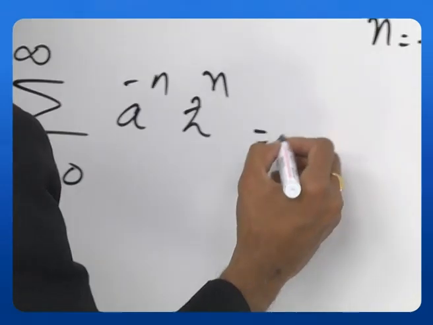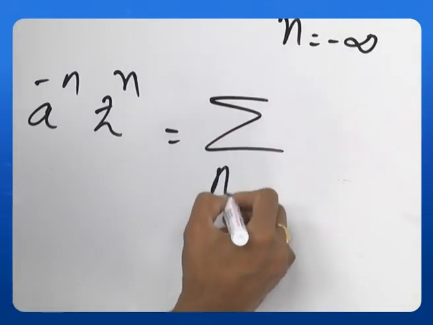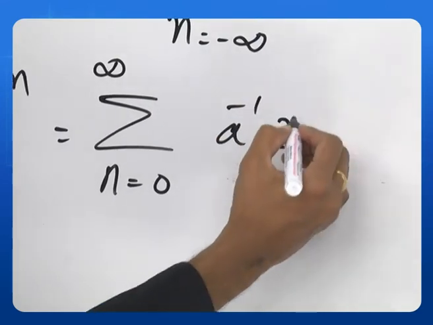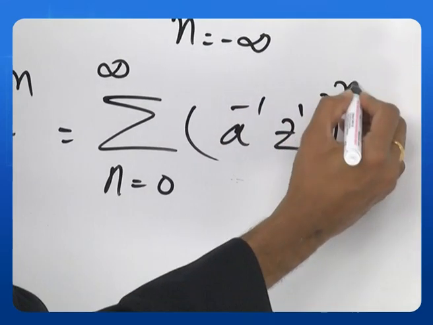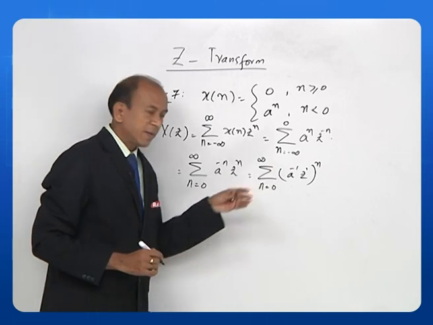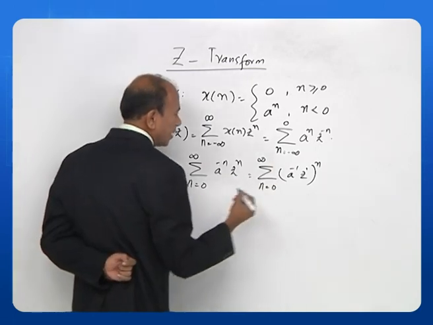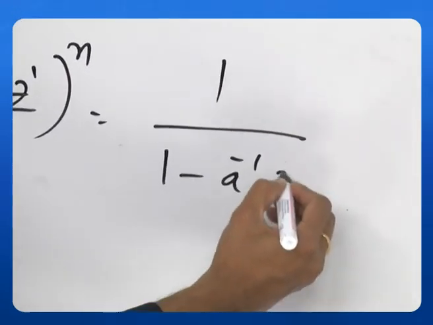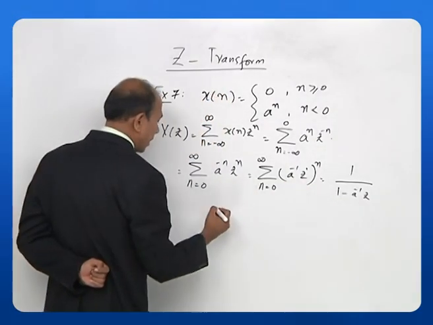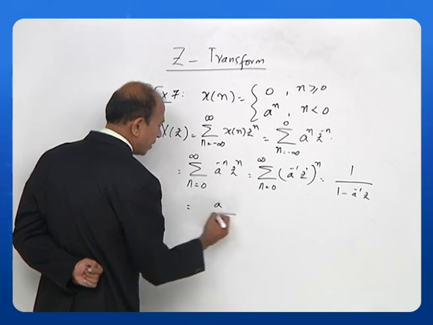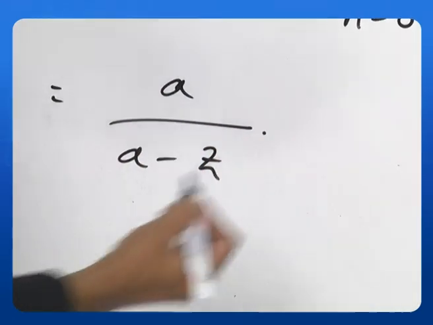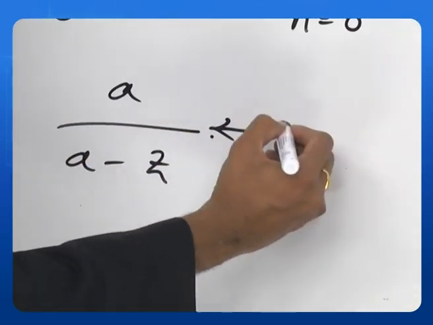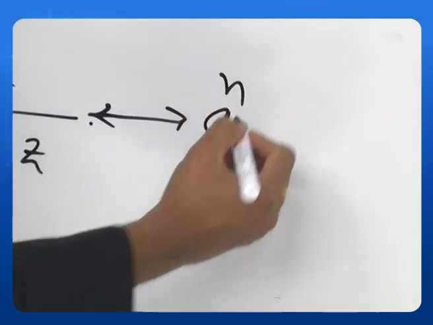That is equal to the sum from n equal to 0 to infinity of (a inverse z) to the power of n. Expanding this power series again, I will get 1 by 1 minus z by a, which I can write as a by a minus z. So, this is the Z transform of a to the power of n.